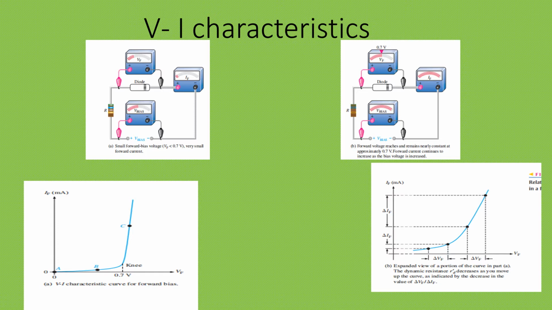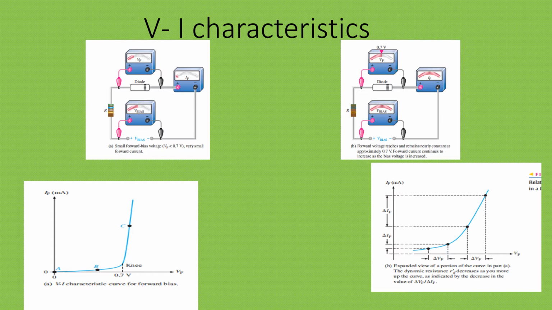In this diagram we have applied a voltage greater than 0.7 volts, and you will see that there is a steep rise in the current with the rise in the forward bias voltage.